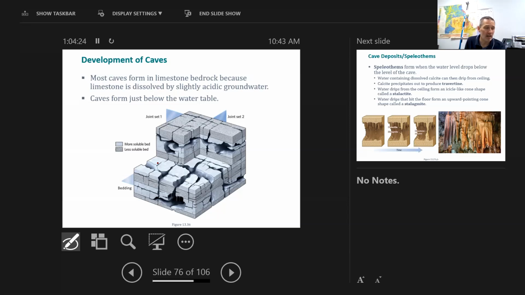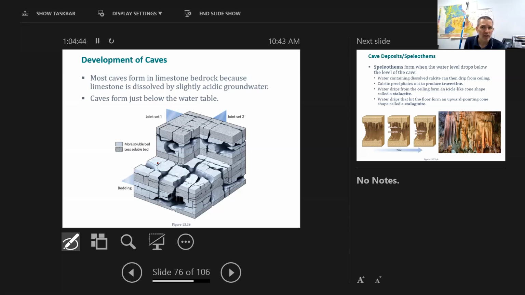In other cases, the caves can find whatever path. Maybe we had a joint set associated with some rock under stress. What's going to happen in the zone of saturation, where you're underwater, is you can dissolve these large cavities.